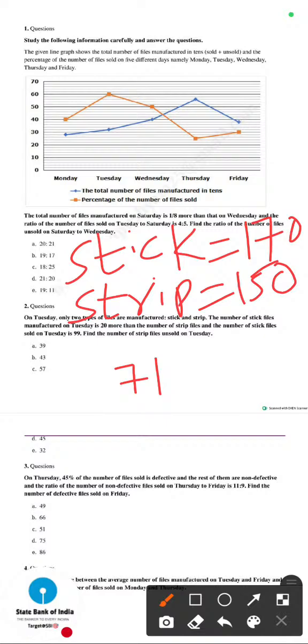In the table we got Tuesday unsold will be 128. So 128 minus 71 will be the answer, which will be 57. So option C is the answer.